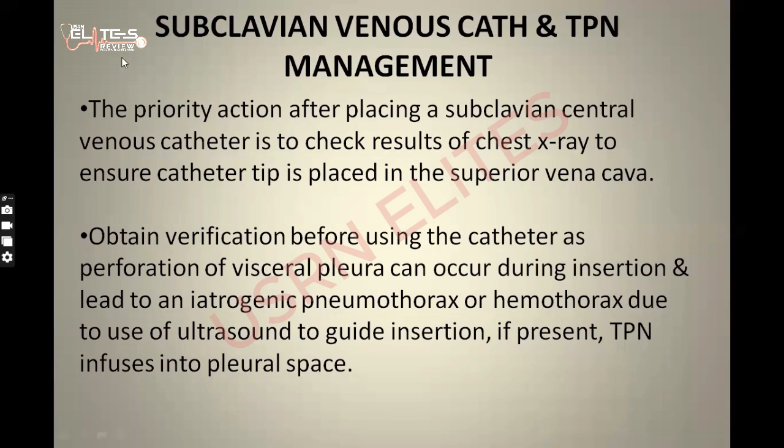Now, what we have here, we are saying the priority action after placing a subclavian central venous catheter is to check results of chest X-ray to ensure catheter tip is placed in the superior vena cava. What this point is trying to say is that upon the placement of any central line, whether subclavian, internal jugular, we have the peripherally inserted catheters.